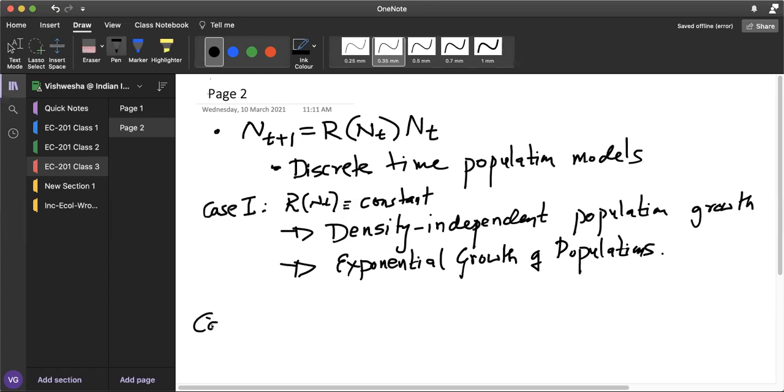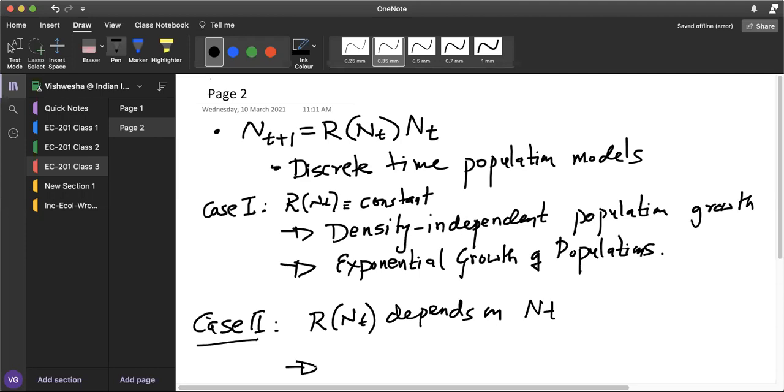On the other hand, the cases where R is not a constant but depends on NT are called density dependent population models.